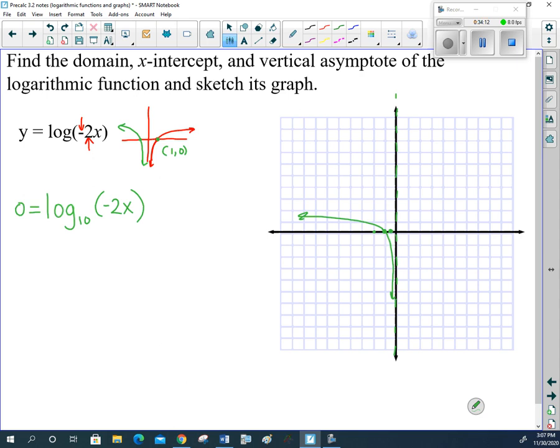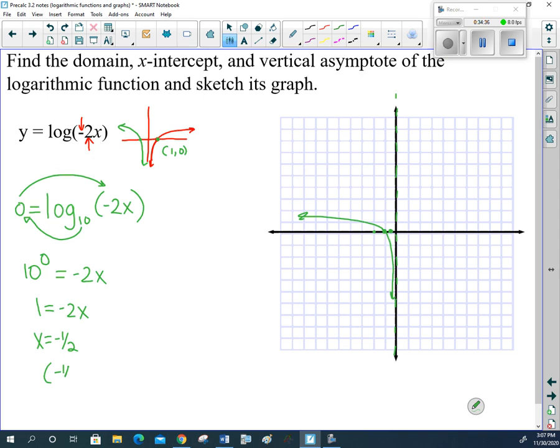So it's in a log form. The only way to solve that is to rewrite it as an exponential. So we're going to start with the base. The base is 10. 10 raised to what power equals the argument? Well, 10 to the 0 power is 1. And if you divide by negative 2, x equals negative a half.